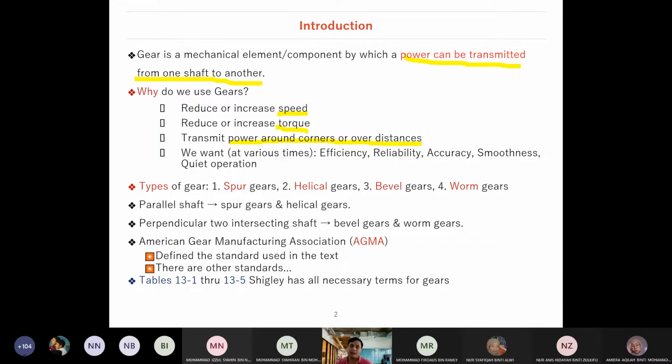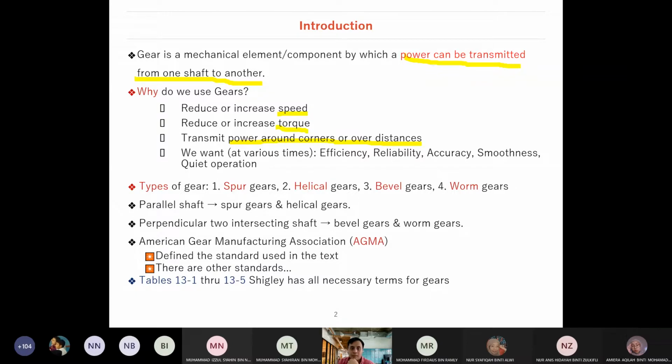The other is around the corners. Sometimes the application needs, for example, the engine on the right side, and you want to change the orientation of the motion. So that is the use of the gear.